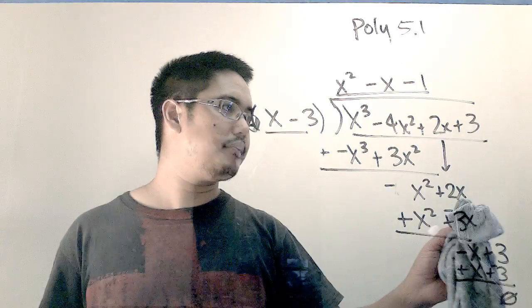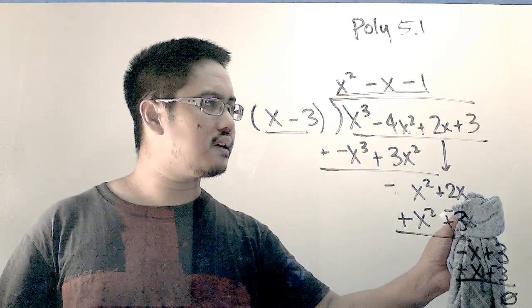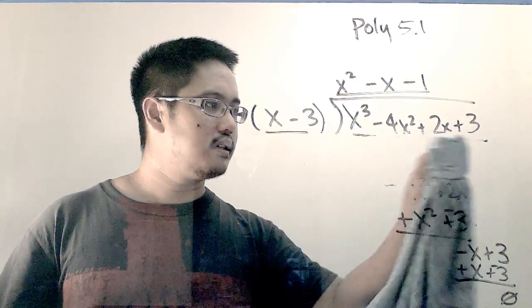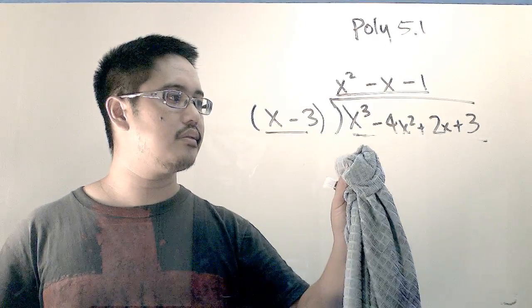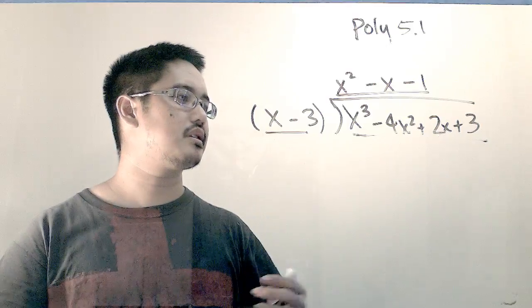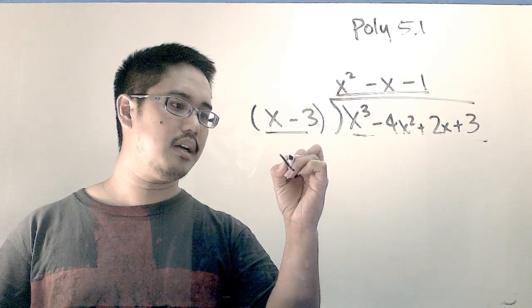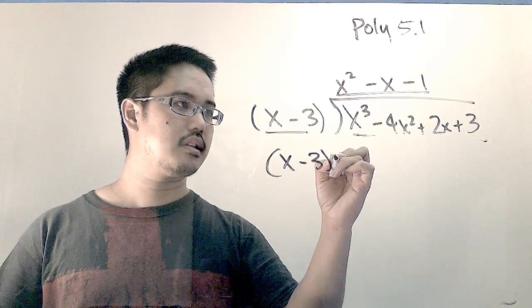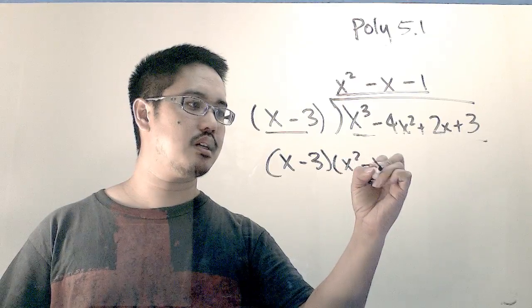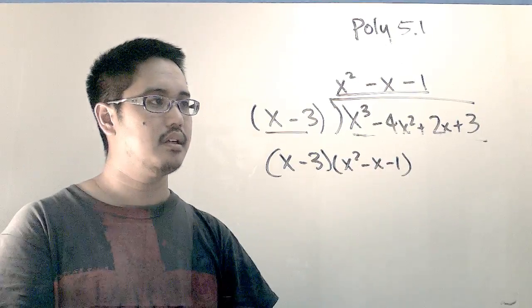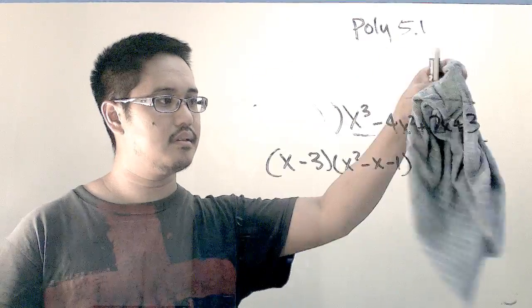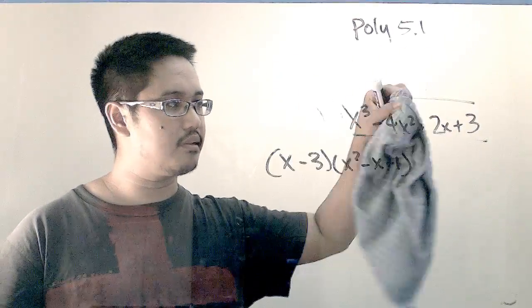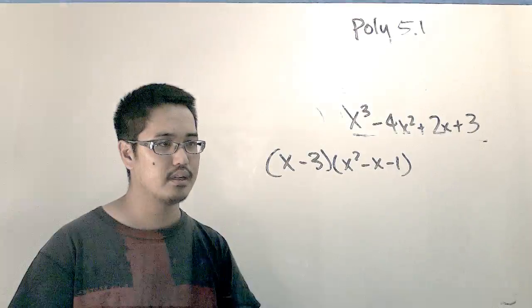But what I will do is I'll prove that to you. Why don't we do x minus 3 times x squared minus x minus 1? Let's see what happens. See if we played this game correctly. All right, let's do it real quick.